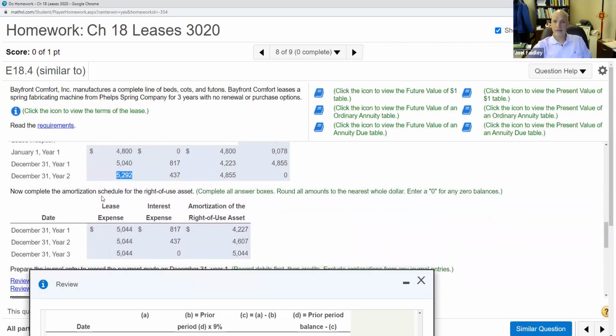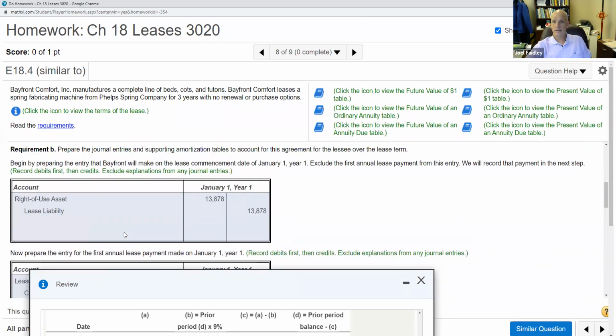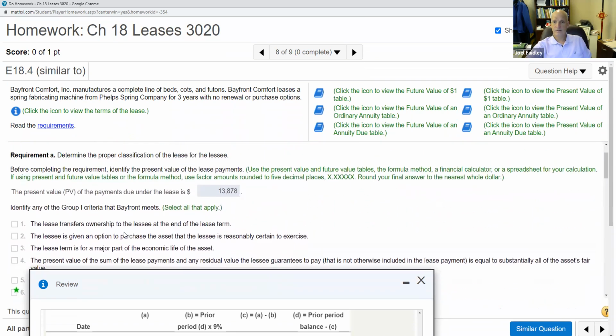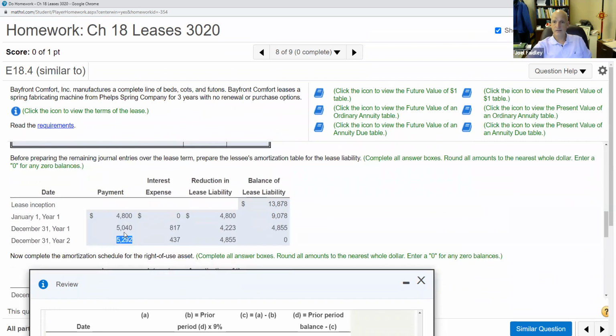All right, and then the amortization schedule. Lease expense, 5,044, where does that come from? Well, what was the amount up here for the actual payments? I guess it's in the solution.